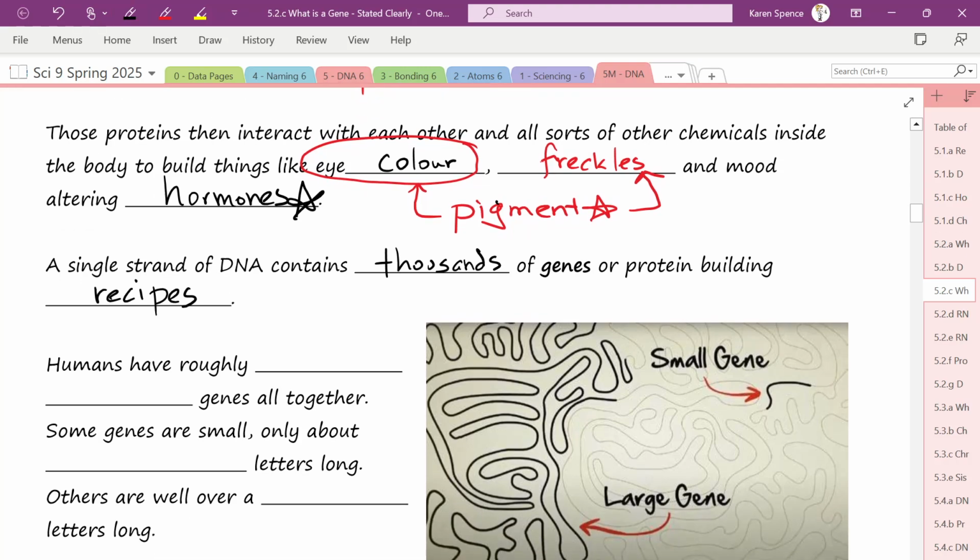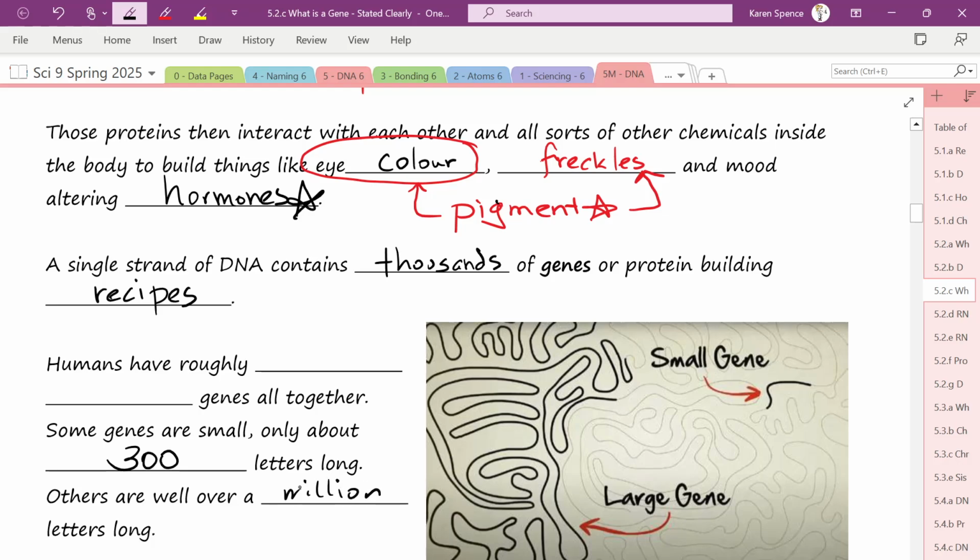Humans have roughly how many genes? I have no idea. I was not paying that close of attention. Some genes are small, only about 300 letters long. Others are well over 1 million. Did anyone catch that? Humans have roughly how many genes?